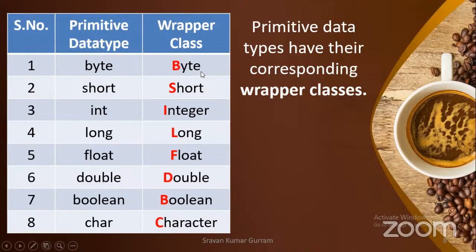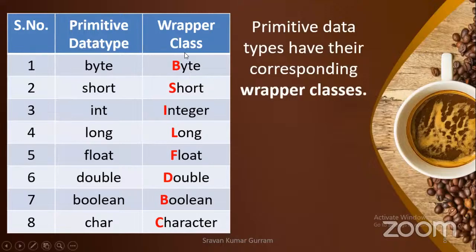By this, you must understand that when you are writing a class name, the first character of every word should be a capital letter. That is the rule. Here we are using only one word, byte, whose first character B should be a capital letter. In such a way, we must write the class name.